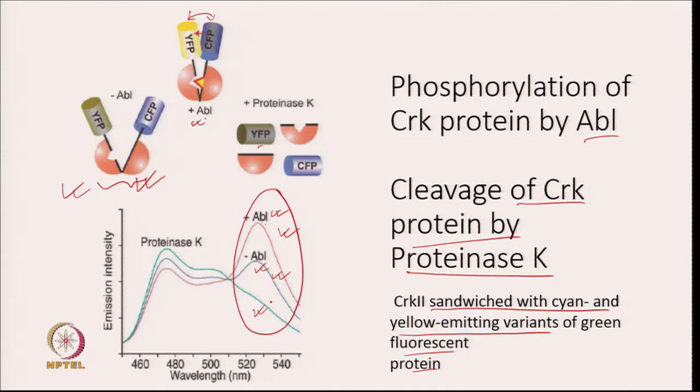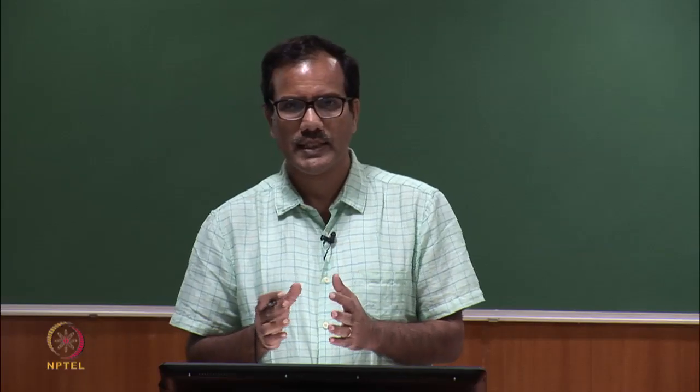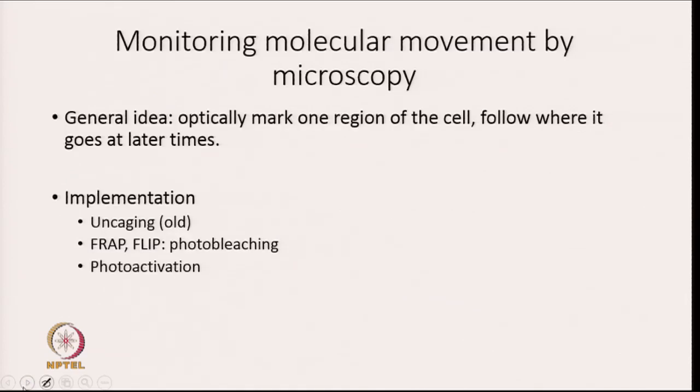So, this is a very good example to look at the interaction between two parts, or at the effect of, for example, phosphorylation on the conformation of CRK protein. So, the YFP and CFP pair can be used to look at the interaction between two proteins.